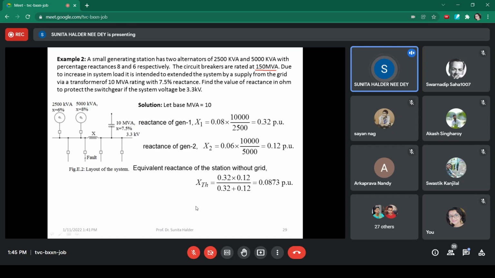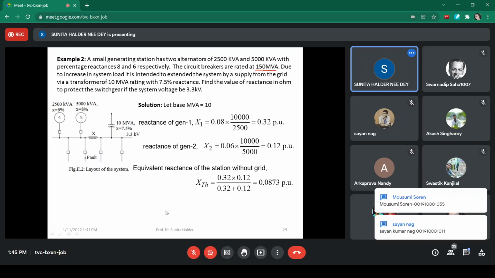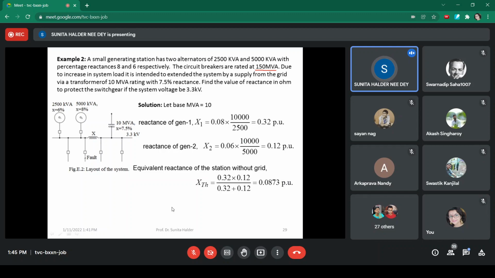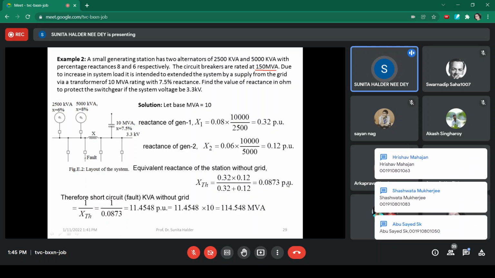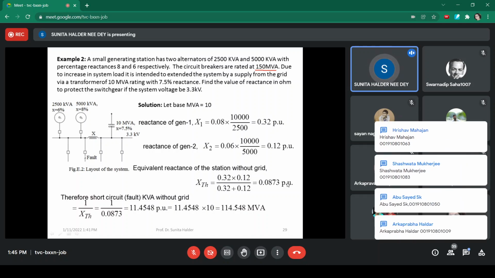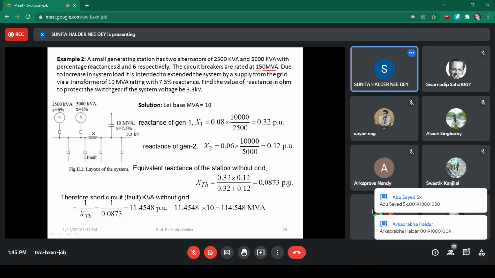Now what will be the equivalent reactance without grid? This will be some value. That is the parallel combination of these two reactances because they are connected in parallel in the equivalent circuit. If you cannot understand, you draw the reactance diagram by yourself. Then short circuit MVA will be 1 by this, because short circuit MVA in per unit and the fault current in per unit will be the same, because the pre-fault bus voltage is 1 per unit.